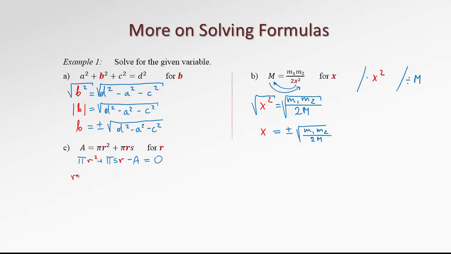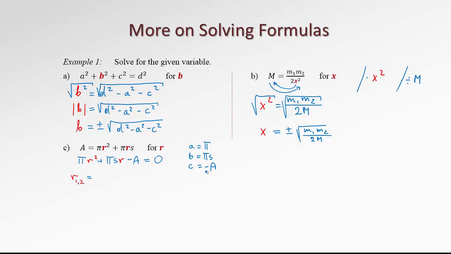So our r, either r1 or r2, there are two possible roots, equals... And then we want to follow the quadratic formula. So to make it easier, let's list on the side what our coefficients a, b, and c are. a is equal to pi, b is equal to pi s, and c is equal to negative a.